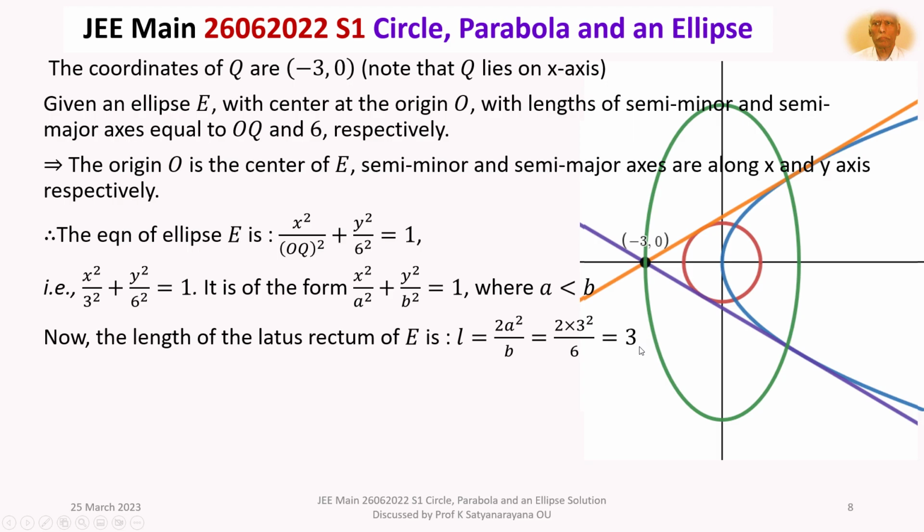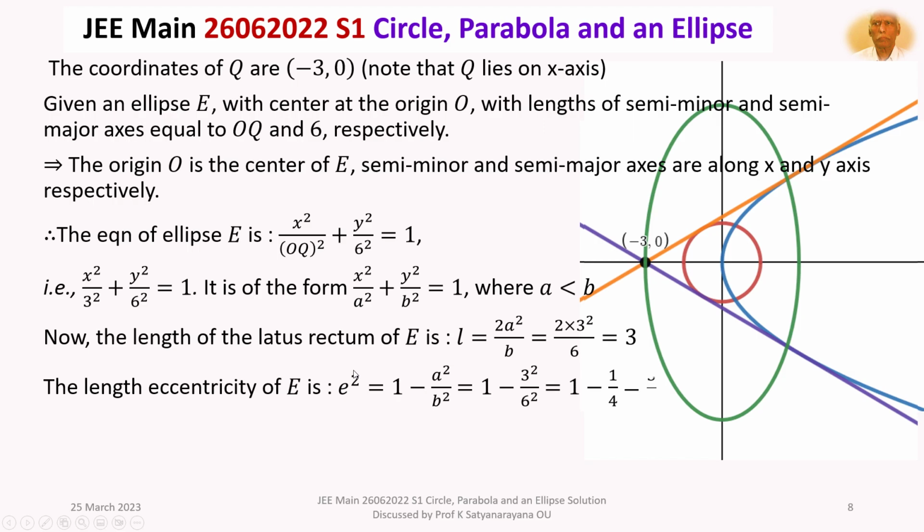And the eccentricity, that is e square, is equal to 1 minus a square by b square. You remember it is a less than b, that is why it is minus a square by b square. So that is equal to 1 minus a square, that is 3 square, by b square, that is 6 square, that is 1 minus 1 by 4, that is equal to 3 by 4.